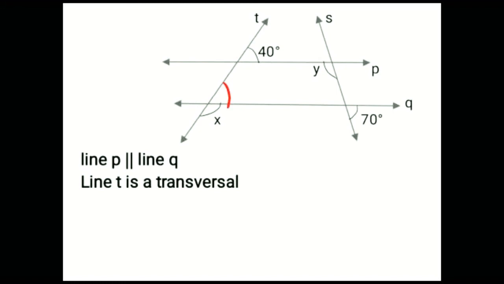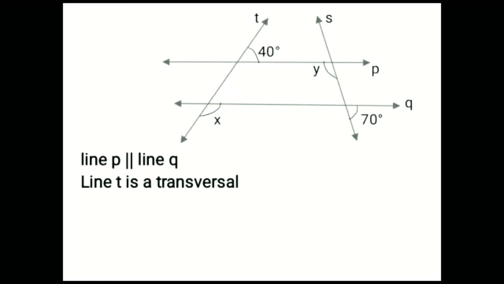It is on the same side and in the same direction. Okay. A 40 degree angle is an acute angle. So if this angle is an acute angle, angle X is an obtuse angle.